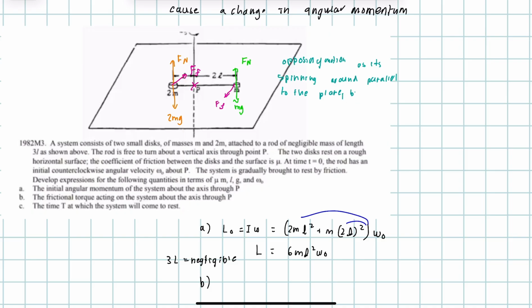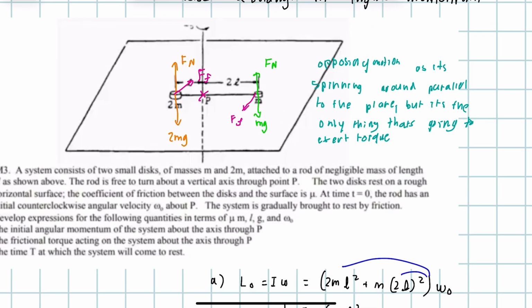But it's the only thing that's going to exert torque, since the mg and the normal forces kind of cancel each other out. So friction is kinetic friction.